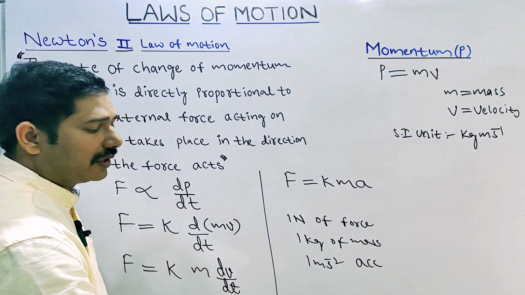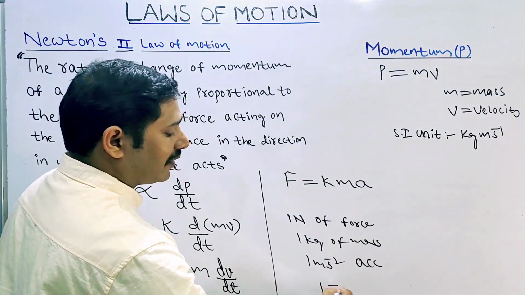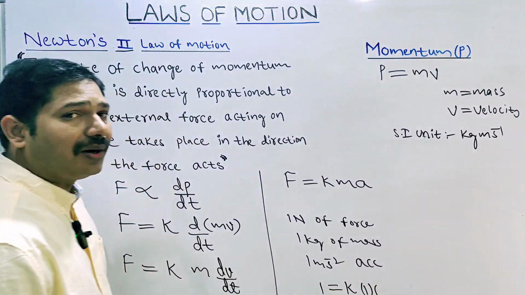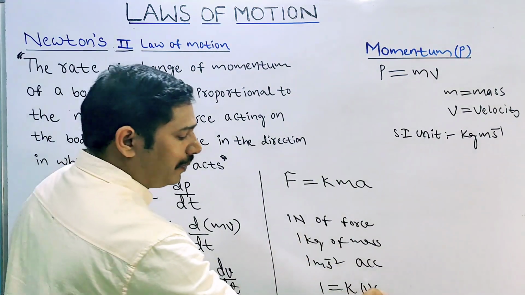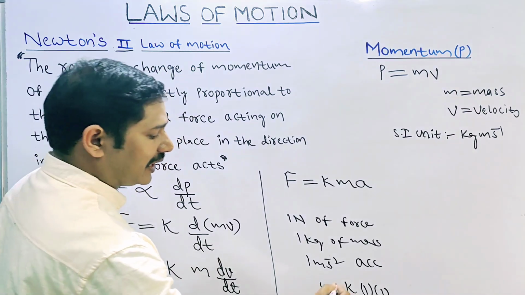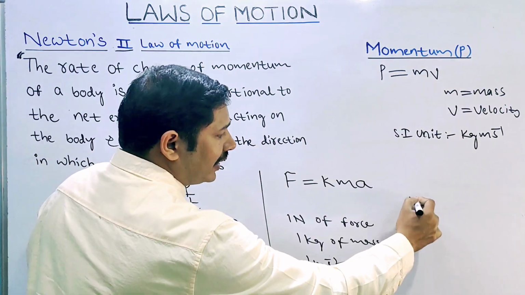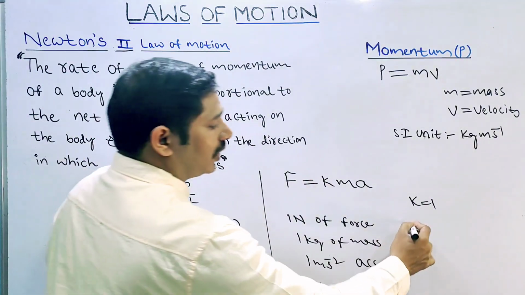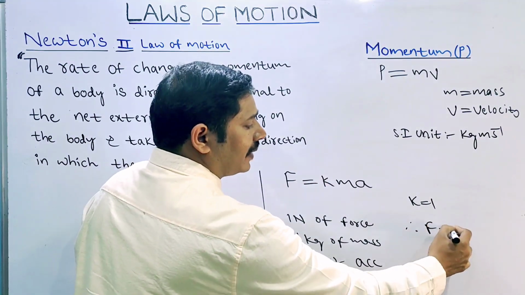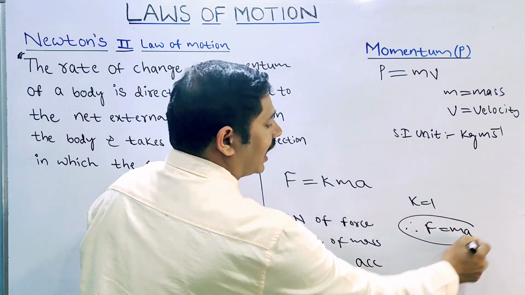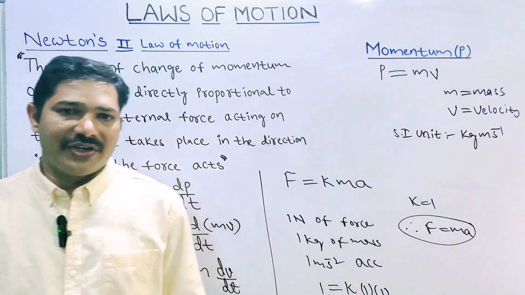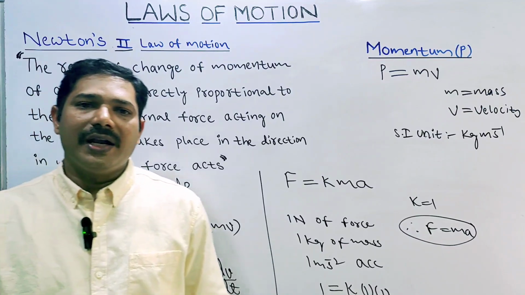Substituting all values, 1 equal to k into 1 kilogram mass and 1 meter per second square acceleration. So the k value is 1. Therefore F equal to ma. So using Newton's second law, we can derive the F equal to ma derivation.